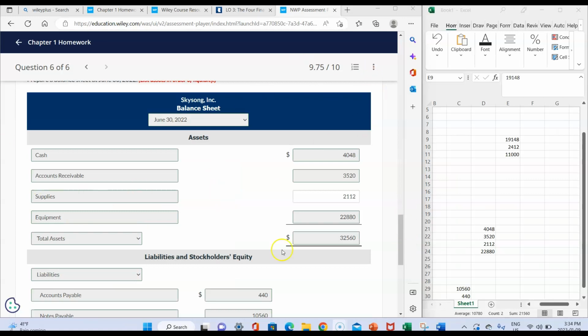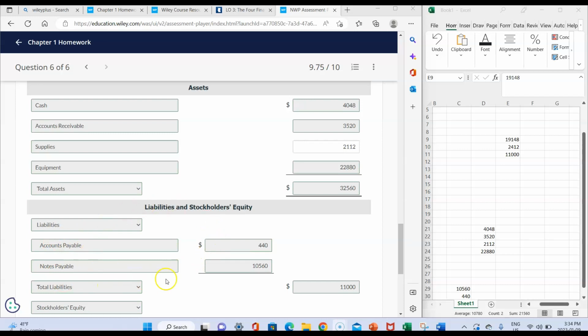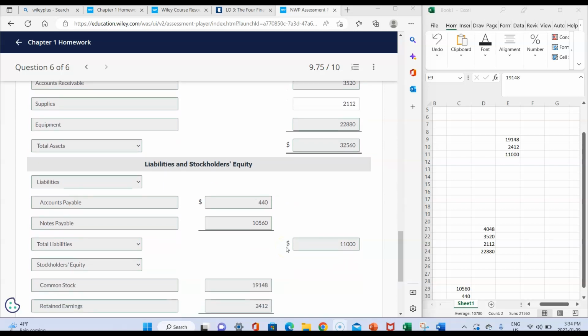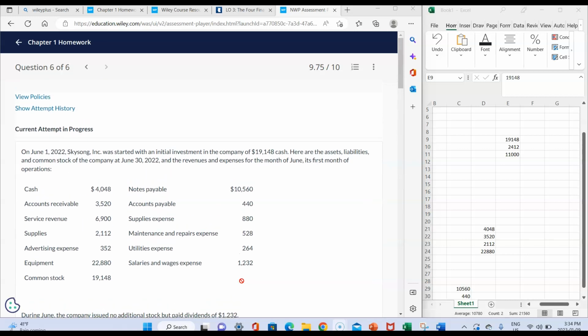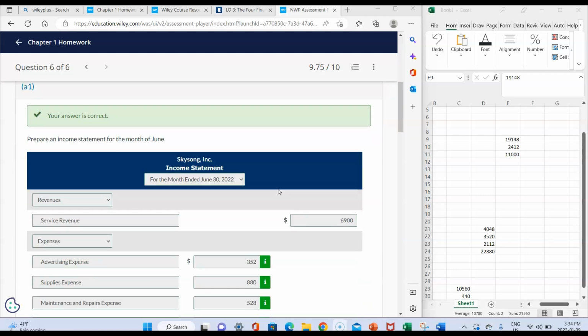Okay, so we got our assets listed in the order of liquidity. We've got our liabilities listed in terms of what needs to be paid off first. And then our equity, that common stock amount, is the amount of the initial investment from the owner of the company.